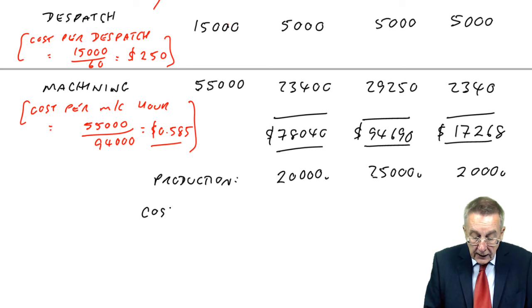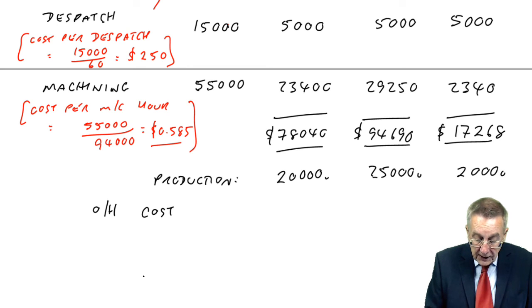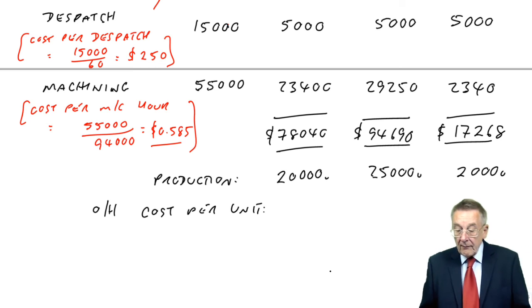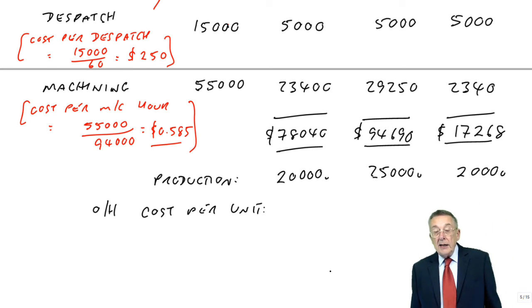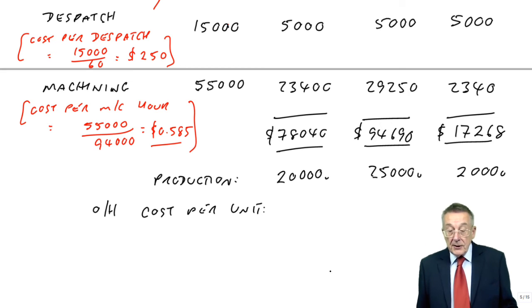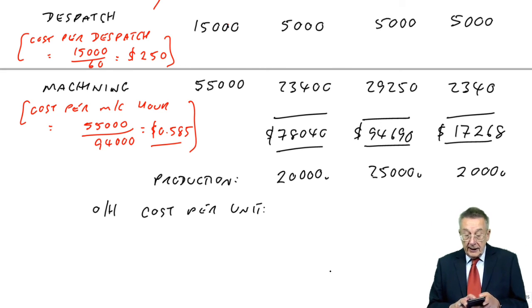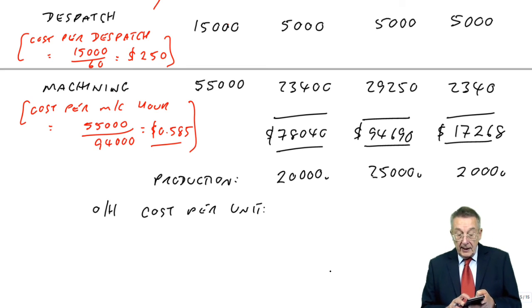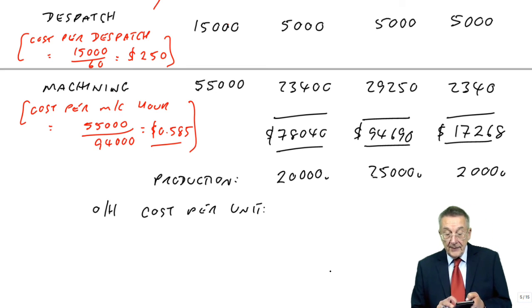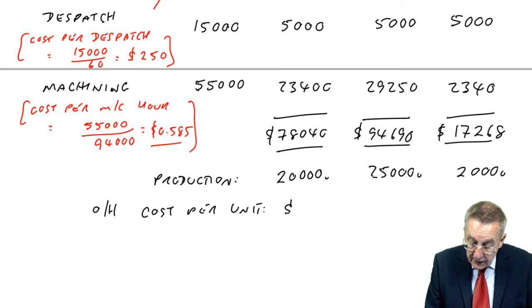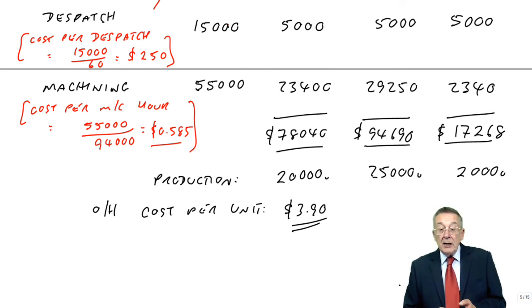So surely to get an overhead cost per unit, if A costs 78,000 for 20,000 units, simply divide 78,040 divided by 20,000 comes to $3.90.